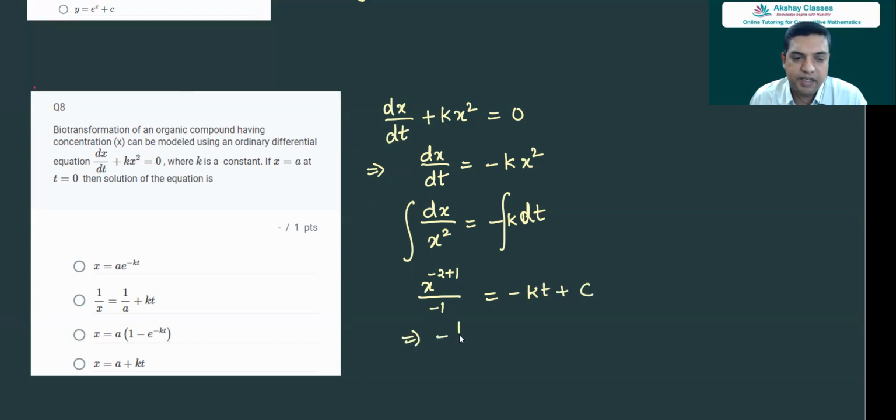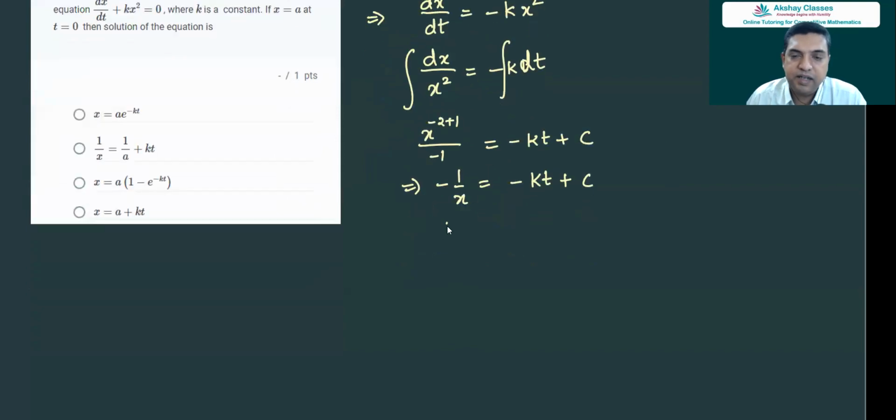So we get -1 upon x is equal to minus kt plus c. So we get 1 by x is equal to kt minus c.